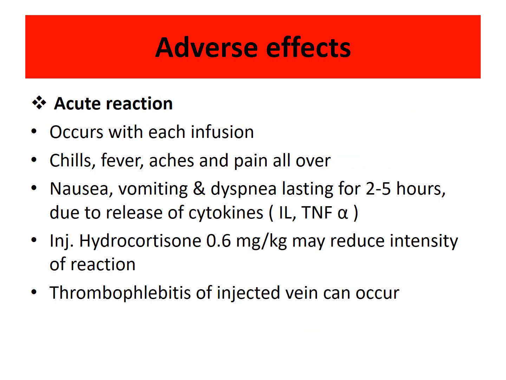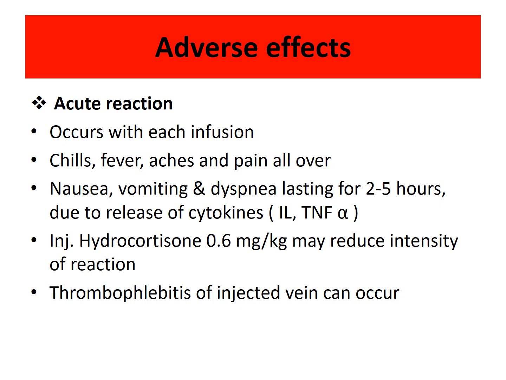Now coming to the side effects. As I mentioned earlier, they have very acute side effects, which are seen immediately after infusion of these drugs. They can be divided into acute and chronic reactions. Under acute reactions, after the IV infusion, some patients will have chills, fever, aches, and pain all over the body.